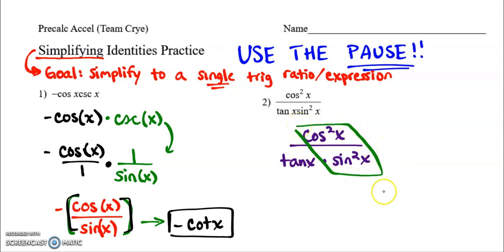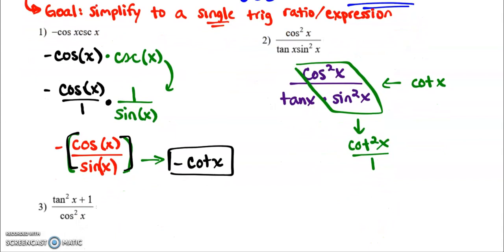That is probably related to cotangent as well. But because it's squared, because there's two of them, I would rewrite that as cotangent squared x over 1. And I still have this tangent in the denominator, 1 over tangent of x.